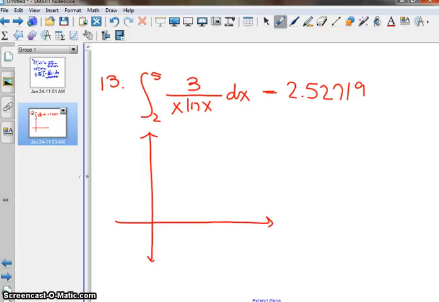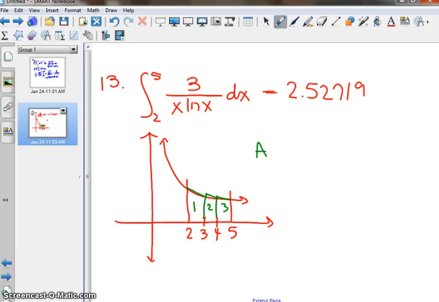Using the trapezoidal approximation, our graph looks like this. We are going from 2 to 5 with 3 trapezoids. That will look like that.